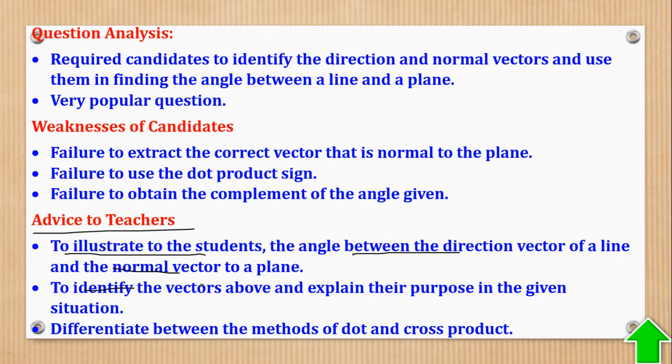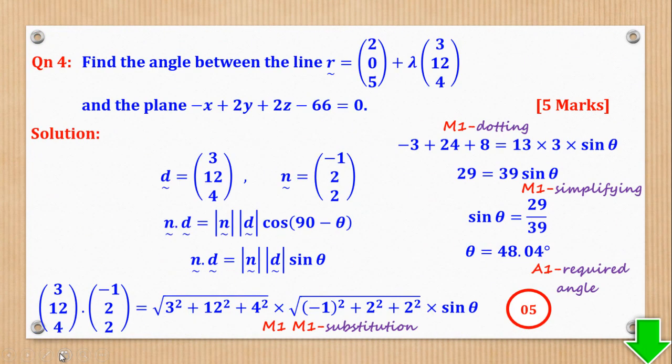Then also identify the vectors above and explain their purposes in the given situation. Differentiate between the methods of dot and cross product. So let me tell you something here: vectors can only be crossed or multiplied.